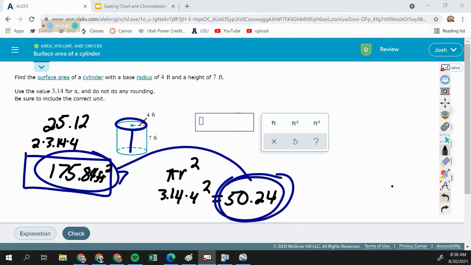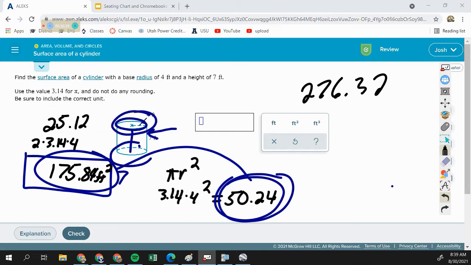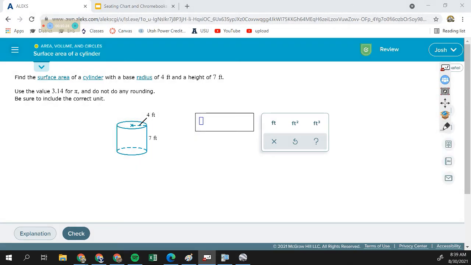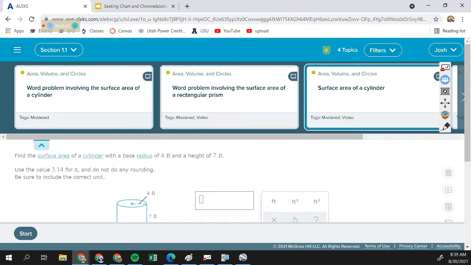So 175.84 plus 50.24 plus 50.24, and I messed it up. Let me try that again. 50.24 plus 50.24. So you're right, 276.32. So the surface area is going to be the rectangular area of the label plus the area of the top plus the area of the bottom. Okay, and there's one more.